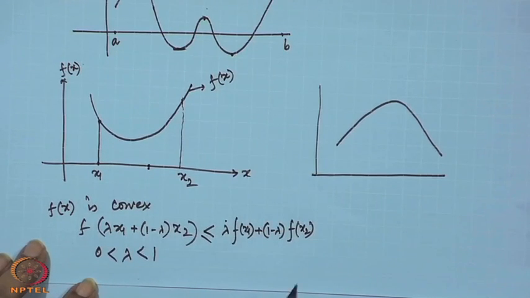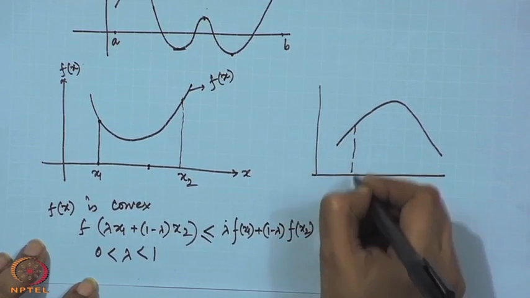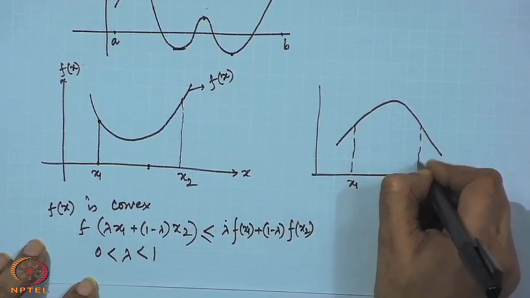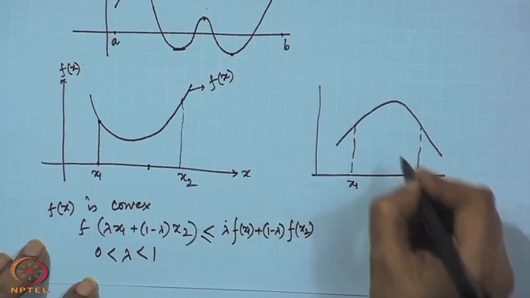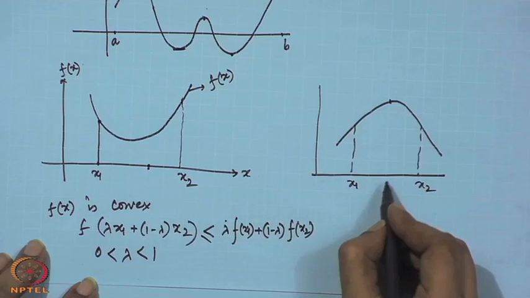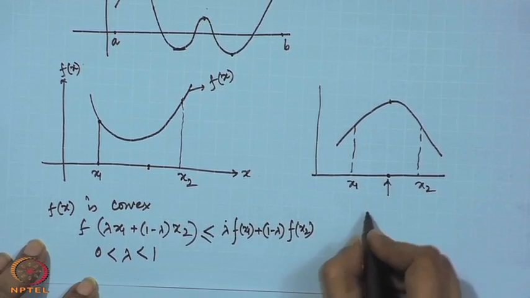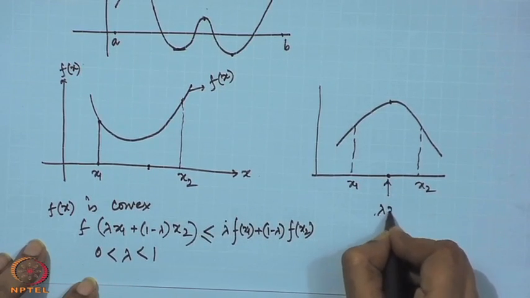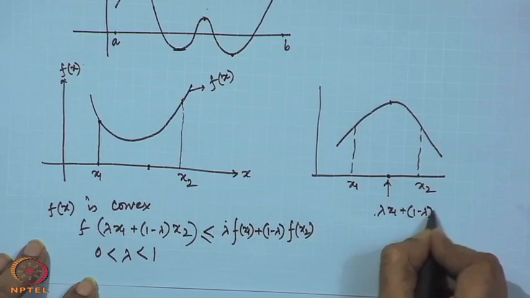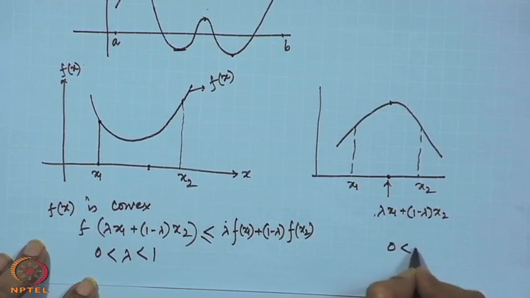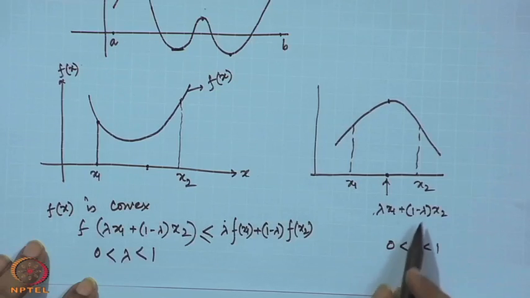And for the reverse case, if we consider a point x1 here and another point x2 here, and in between we consider any point here, that is lambda x1 plus 1 minus lambda x2, for lambda between 0 to 1. If we put lambda equal to 0, we will get the point x2.